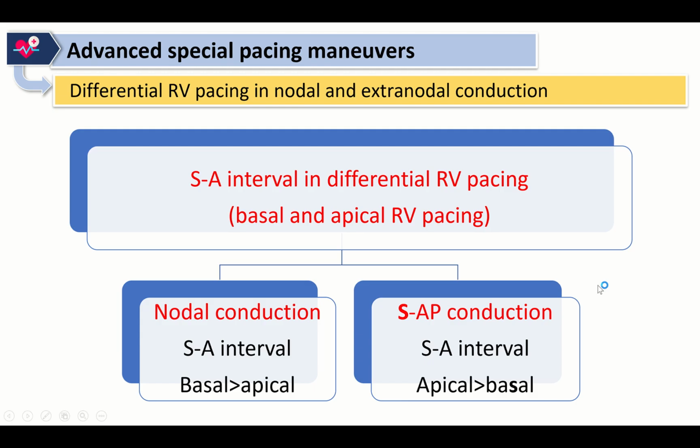In case of septal accessory pathway, you will find stim to A interval is shorter during basal pacing than apical pacing because you are close to the septal accessory pathway. However, in nodal conduction and AVNRT, you will find the stim to A interval in apical pacing is shorter than basal because you are very close to the His-Purkinje system.